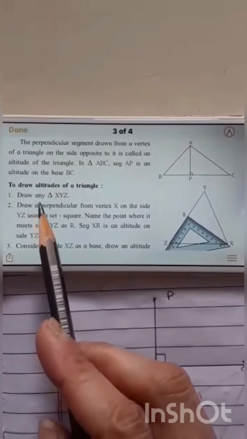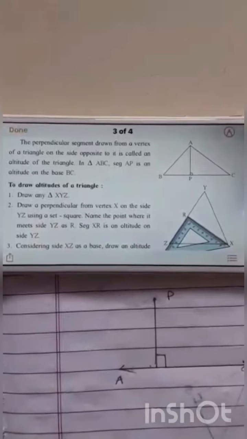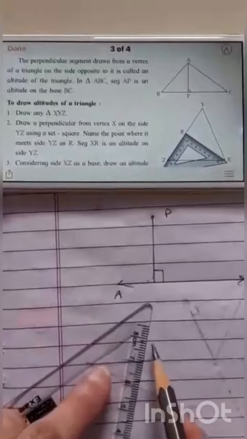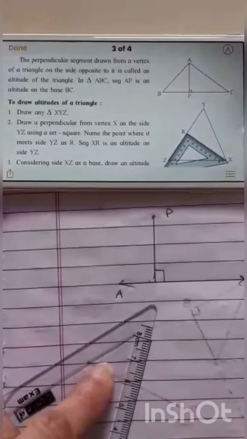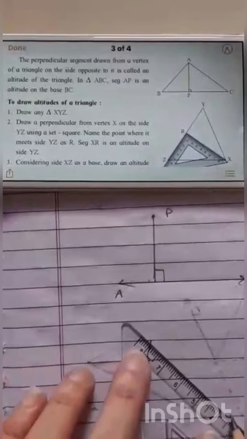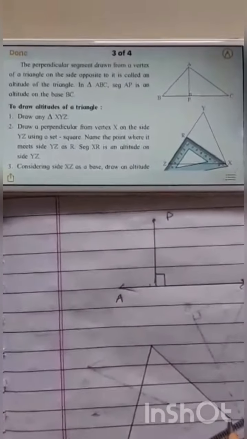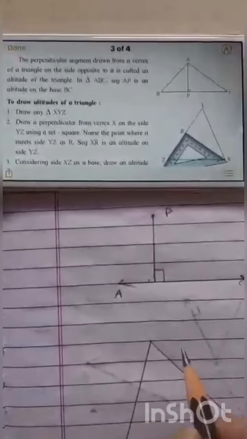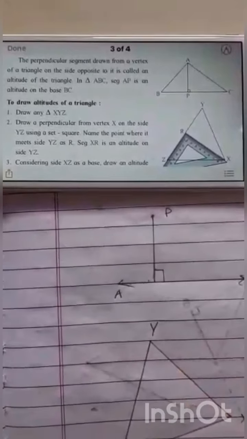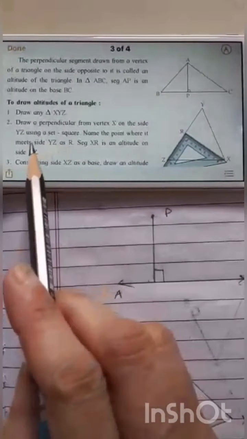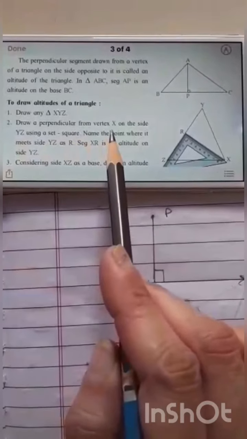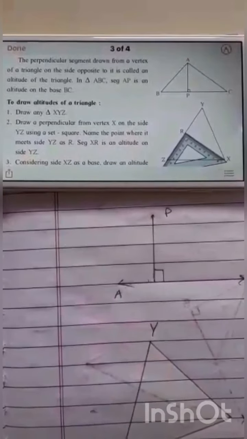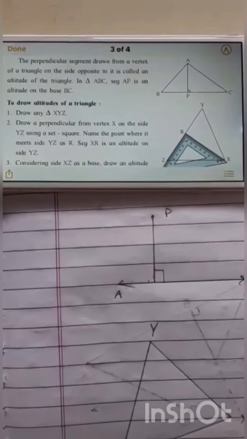First we have to draw a triangle XYZ. Suppose I am drawing a triangle here. So this is my triangle X, Y and Z. Draw a perpendicular from vertex X on the side YZ. This is X and this is YZ. I have to draw a perpendicular.